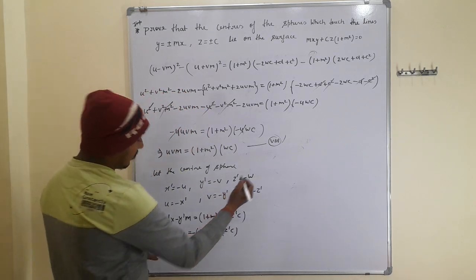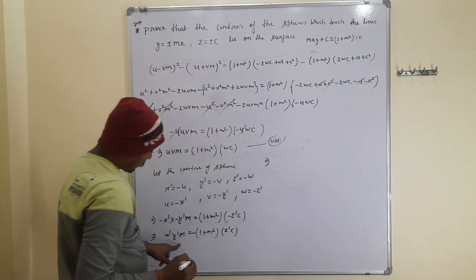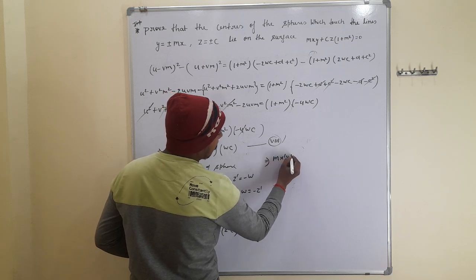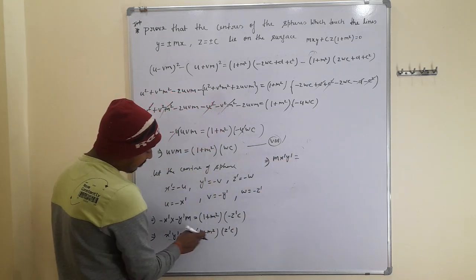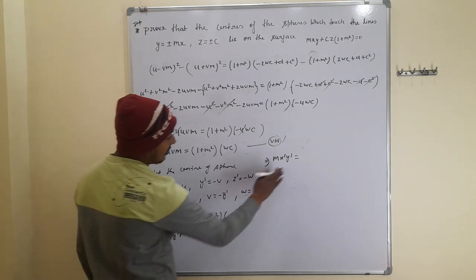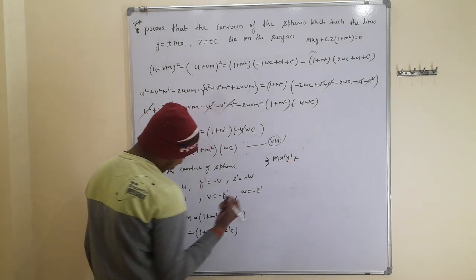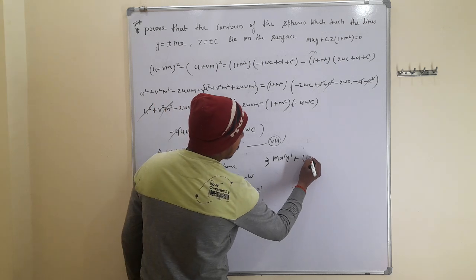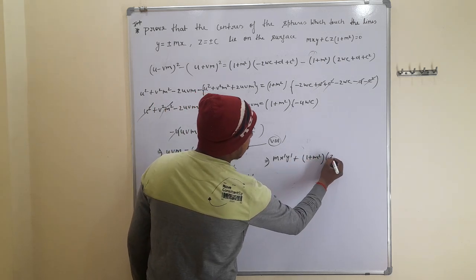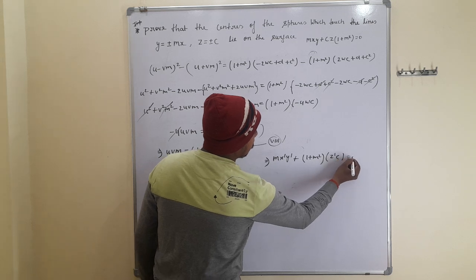We can also write m x dash y dash is equal to taking minus of (1 plus m square) and bracket z dash c to the left hand side, that is plus (1 plus m square) z dash c is equal to 0.